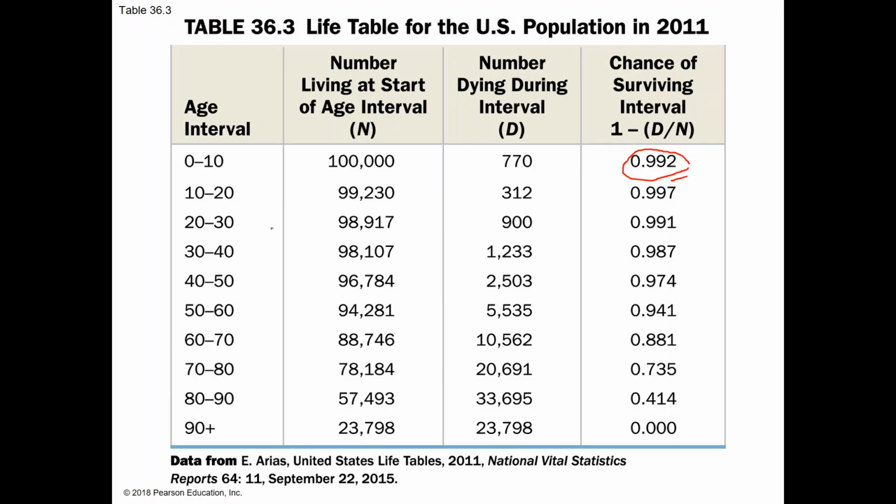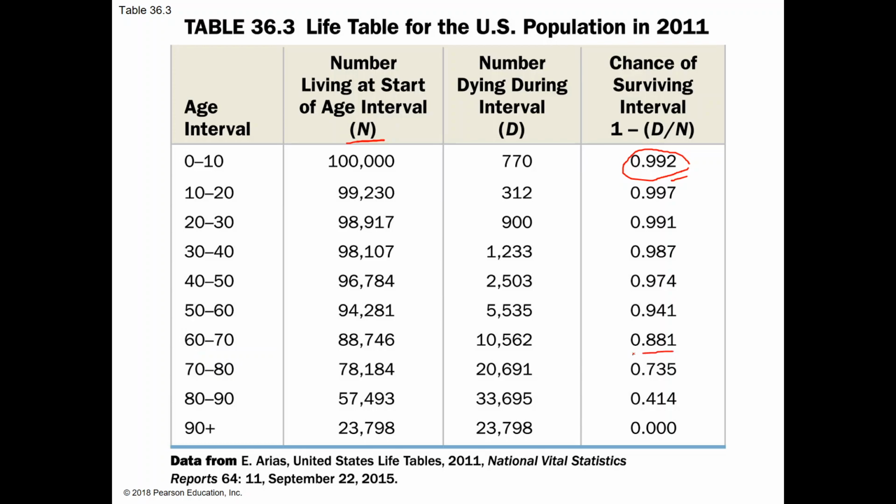So you can go down this table, and we're going to see this N number quite a lot through this talk today. So just remember N just means the number that we're working with. Again, looking at this table, we can go down to how likely you will be to make it to the ages of 60 to 70.